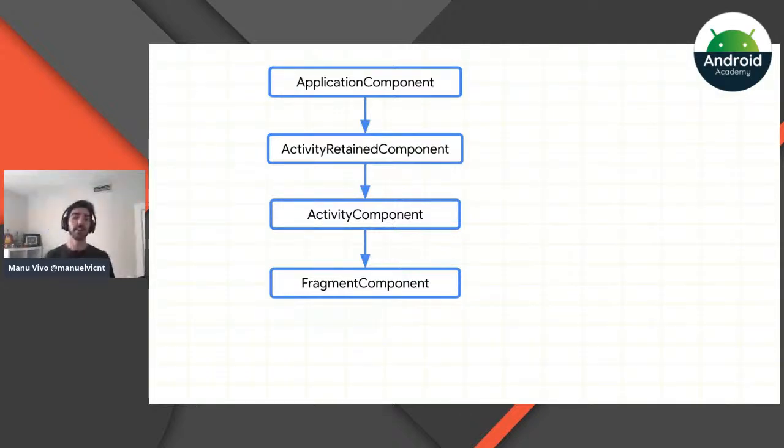It means a container will be added to each Android framework class, and the container is going to follow the life cycle. So for example, the application component will be attached to the application class, and that container, as we'll see, will have information about how to build things, and it will get created when the application gets created, and destroyed when that happens.